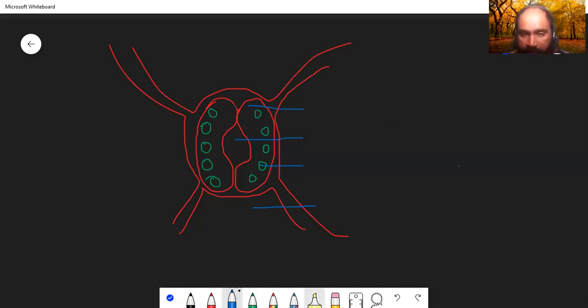So the parts are, let me choose the color. What color shall I use here? We will use this blue itself. Now this bean shaped part, what is the name of the bean shaped part of the stomata? Yes, it is a guard protecting the gate, right? So it's a guard cell.